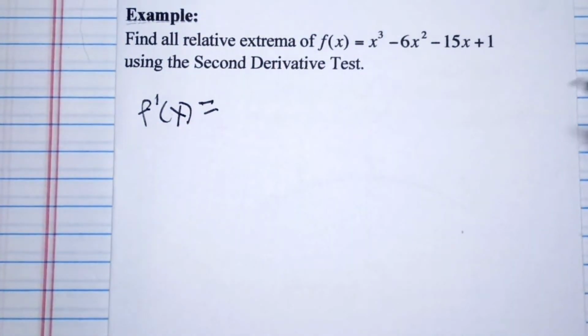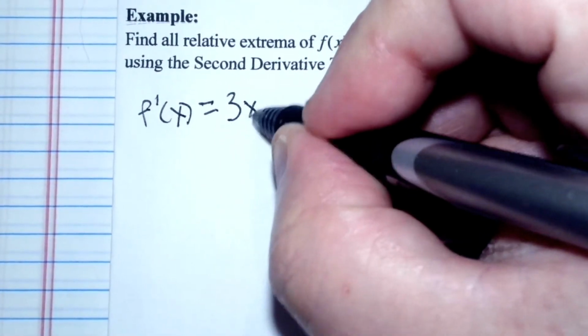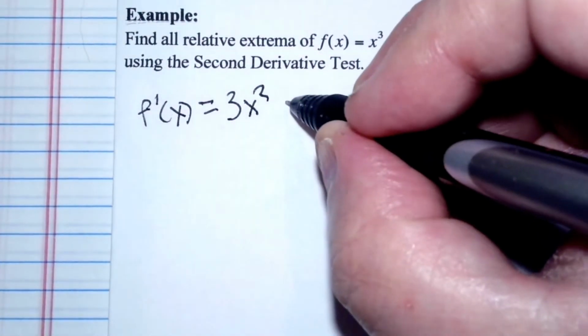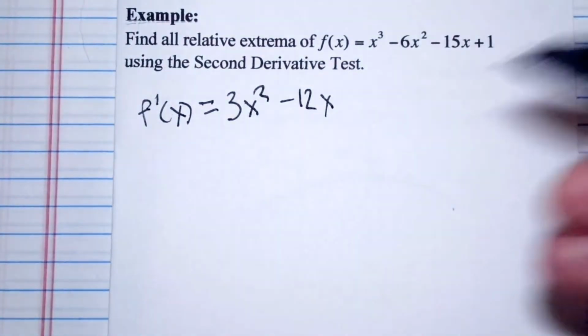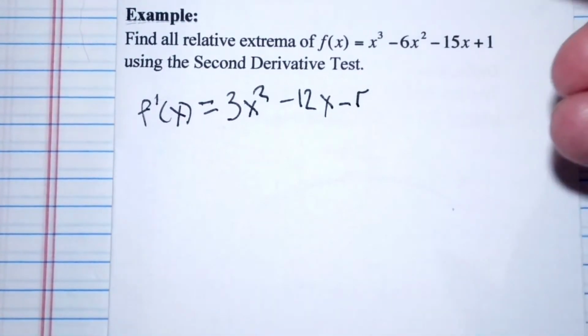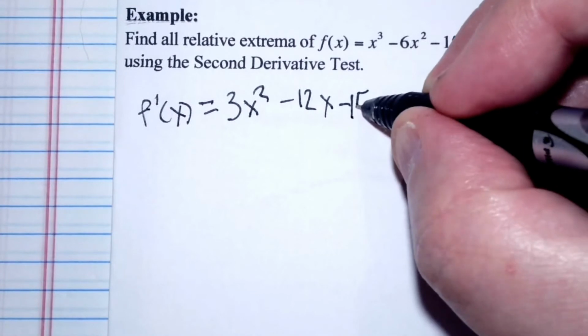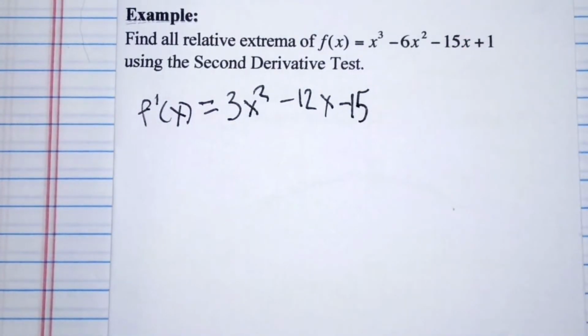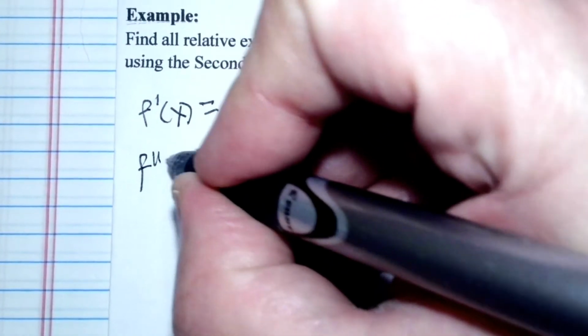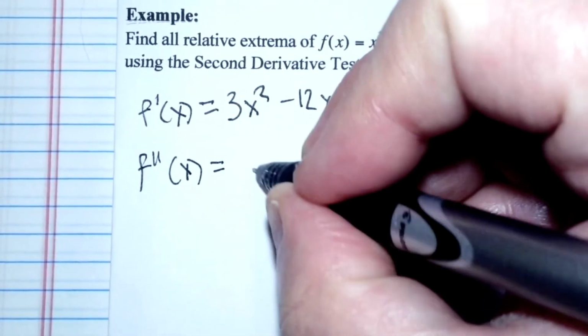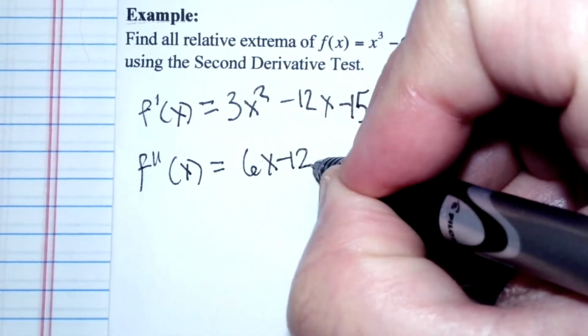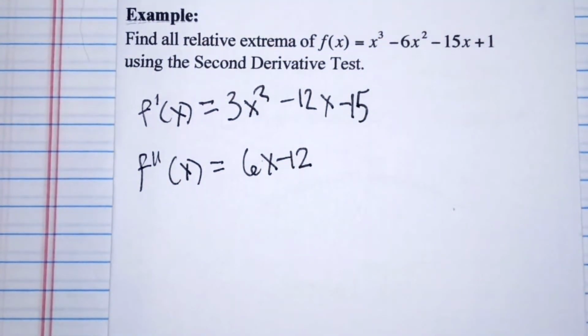The first derivative is 3x squared minus 12x minus 15. And while we're at it, let's find the second derivative. Alright, so we've got the first and second derivatives. Now what we need to do is find all the places where the first derivative is 0.